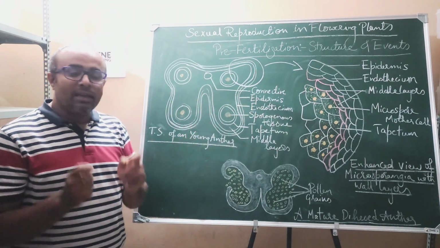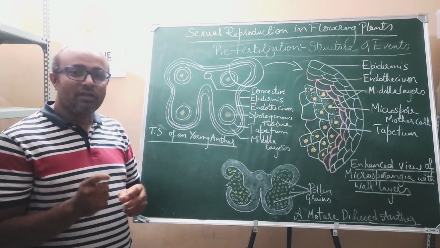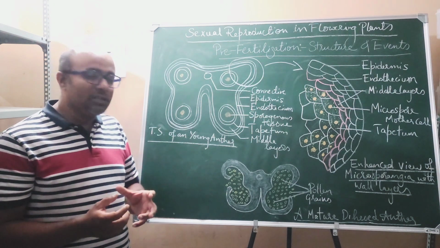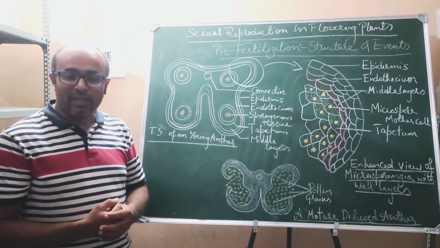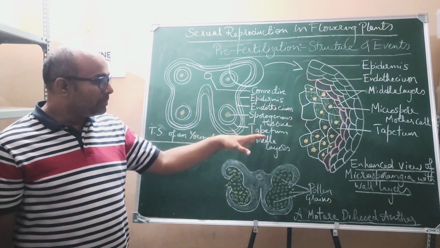Now tapetum is a layer which consists of a lot of nourishing material. This tapetum is known to nourish the developing pollen grains. That is the function of the tapetum.